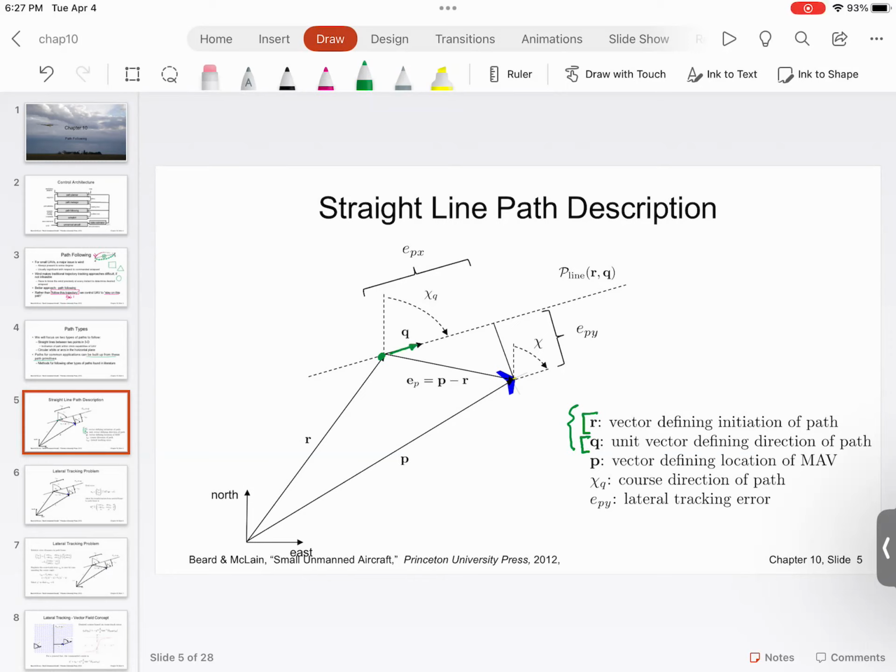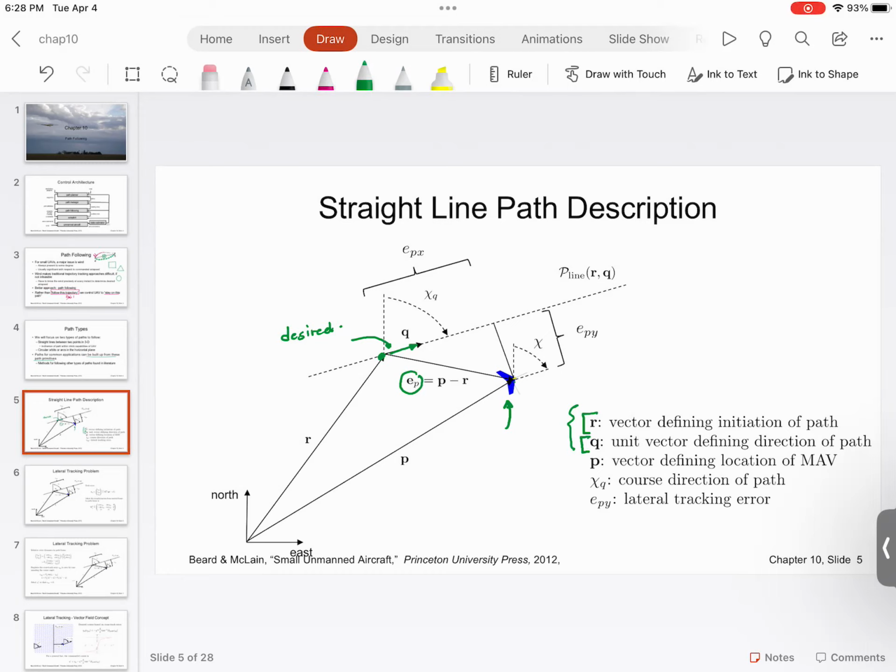Now please understand, this is the desired path, but the actual path of the UAV may not be the desired path, and your UAV would be somewhere else. What that means is there is going to be some error, and this error is nothing but the vector difference between P and R. P and R stand for the current position of the UAV and the desired starting position of the UAV.